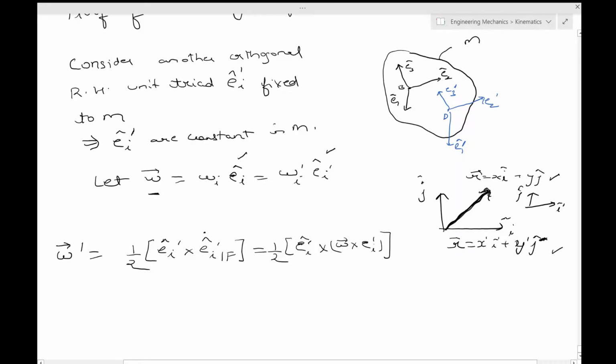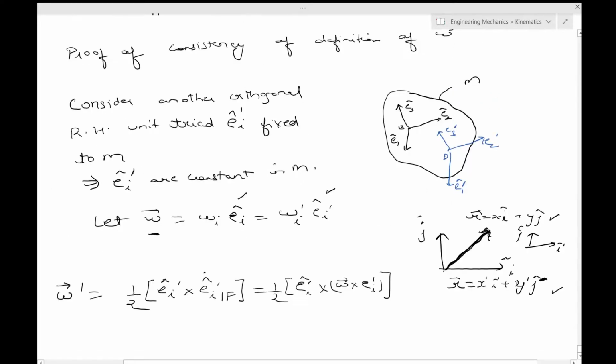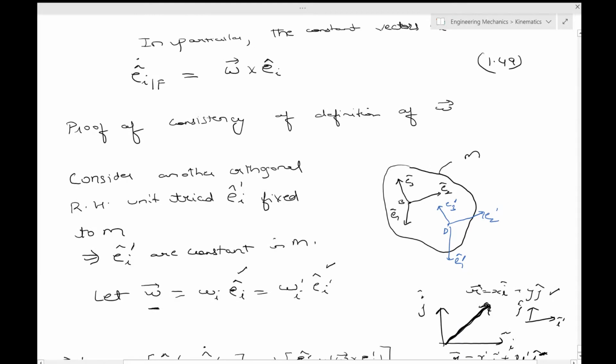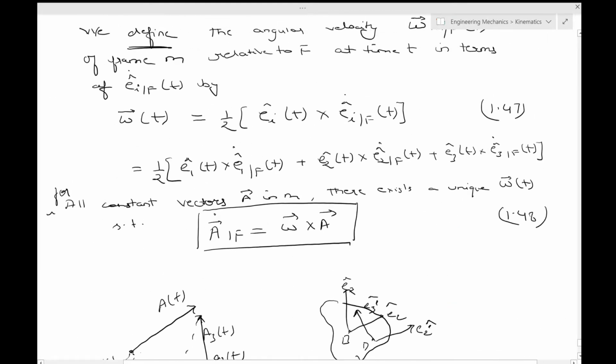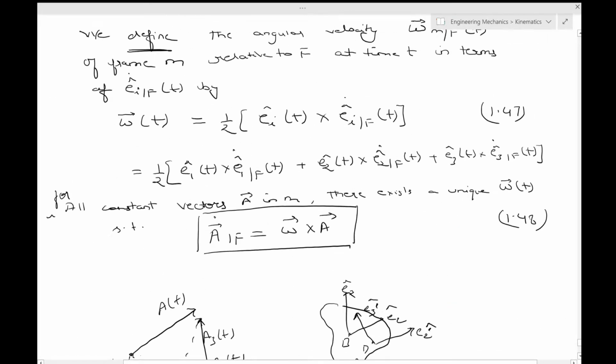Okay, so how can this be written? This can be written because of 1.47. Okay, so if you go to 1.47, you have omega is equal to half into ei cross ei dot.